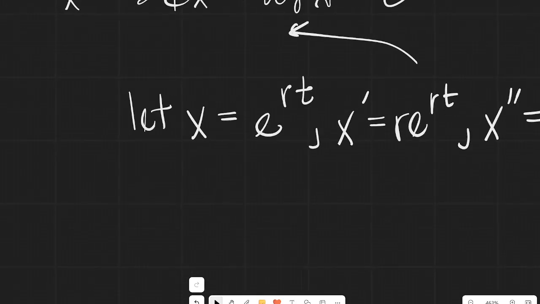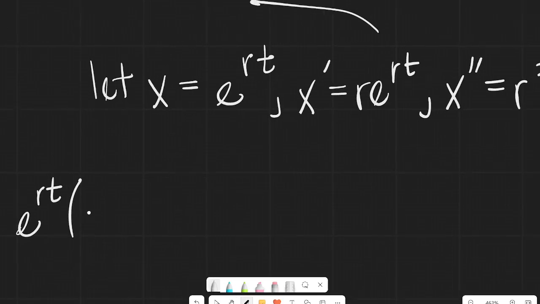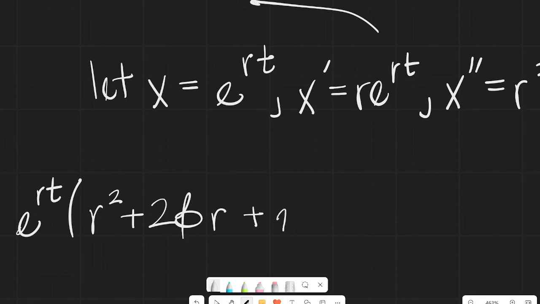I will immediately factor out the exponential function when I do this. And we are left in the parentheses with a polynomial in r with coefficients 1, 2 beta, and omega naught squared, equal to 0.